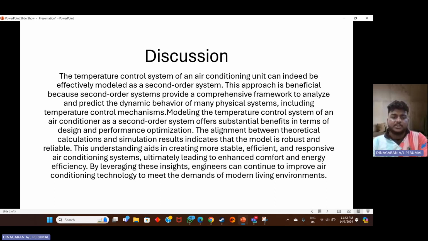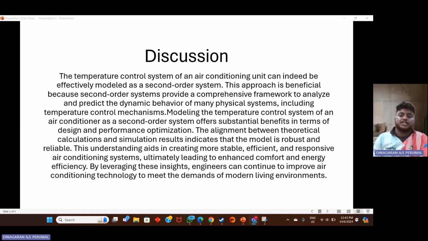The alignment between theoretical calculation and simulation results indicate that the model is robust and reliable. This understanding aids in creating more stable, efficient air conditioning system, ultimately leading to comfort and efficiency. By leveraging these insights, engineers can continue to improve air conditioning technology to meet the demand of a modern living environment.